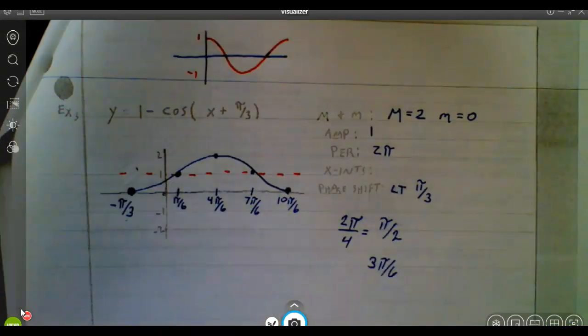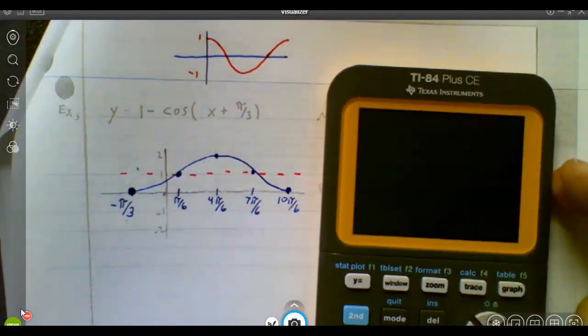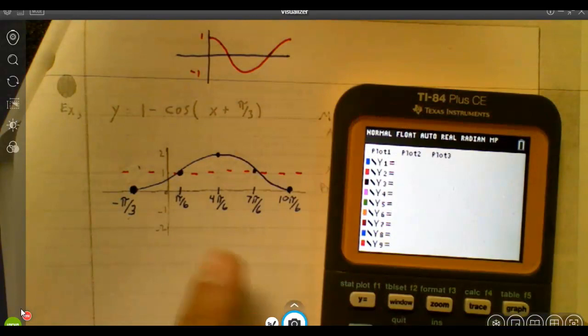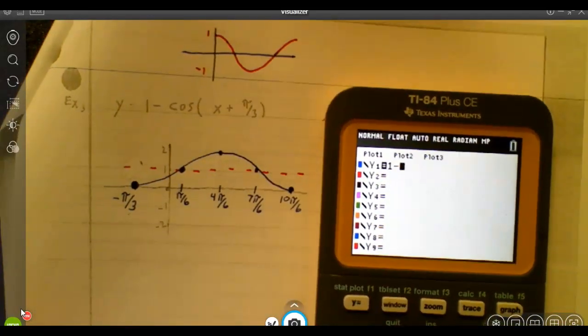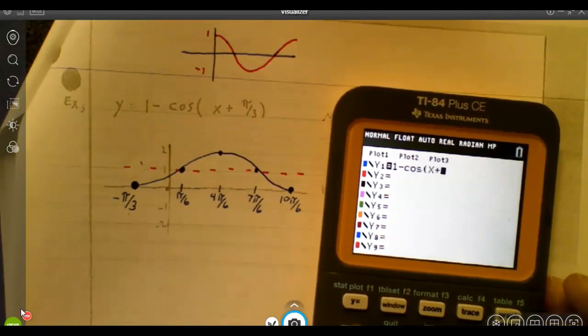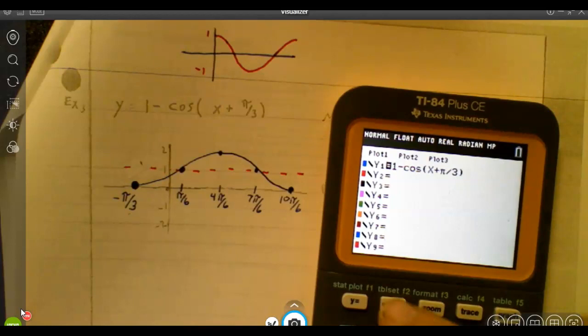And again, I always like to check these guys and make sure they're looking good. So let's graph this one real quick. On this one, I got 1 minus my cosine, x plus pi thirds. So it looks like this. And in this one, let's adjust our window.